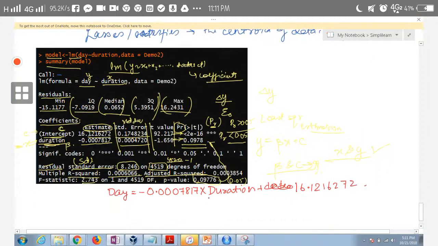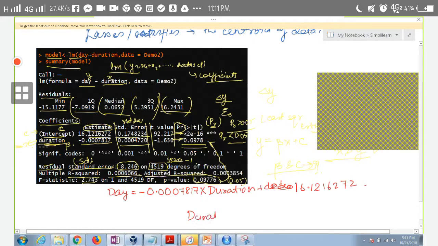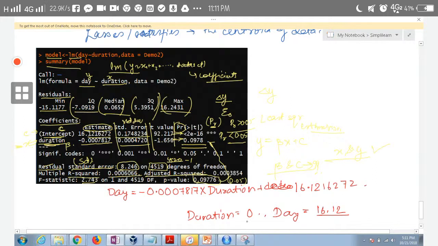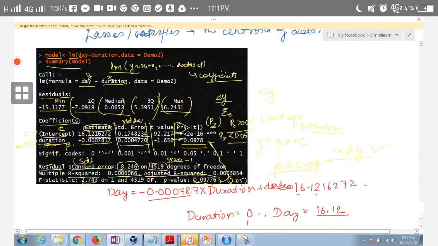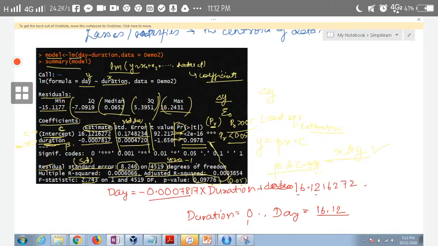To predict, if my duration is 0, then my day will be 16.12. If my duration is 1, then this will keep on decreasing, because this is in minus. So as my duration increases, day should decrease. So this will be my equation, even if I somehow decide to go ahead with it, although I will not, because of the P value and because of the R square value.